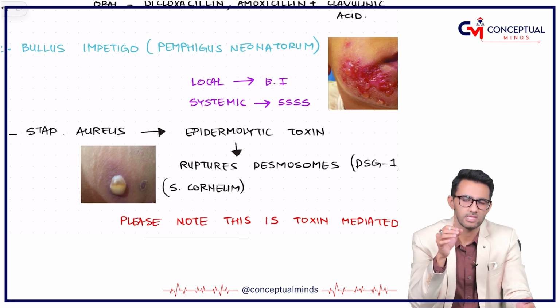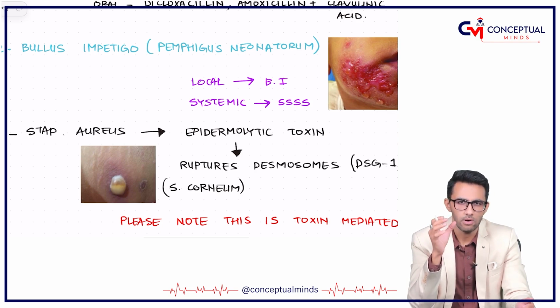We read about this one organism in so many places, so this becomes very important. Also, aureus means gold, like the honey colored crust which is being formed. So we can have those correlations as we go ahead.